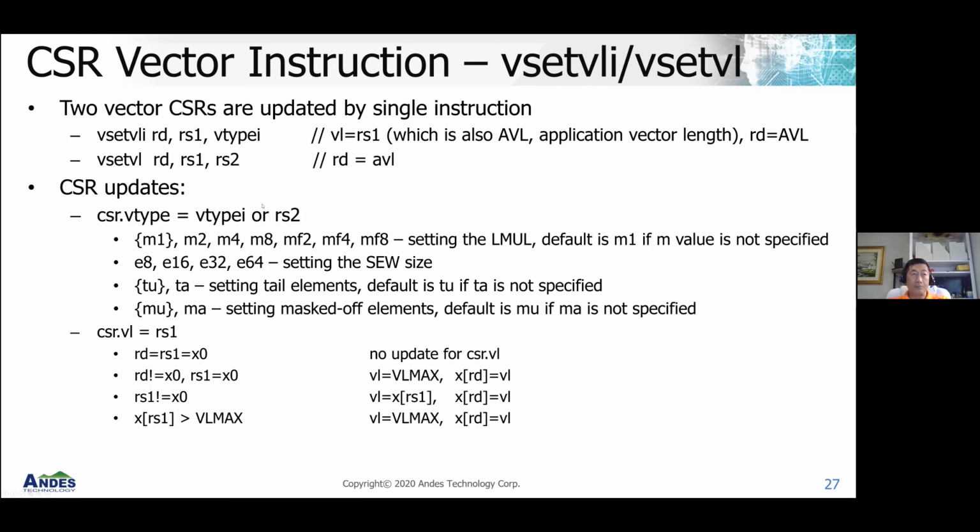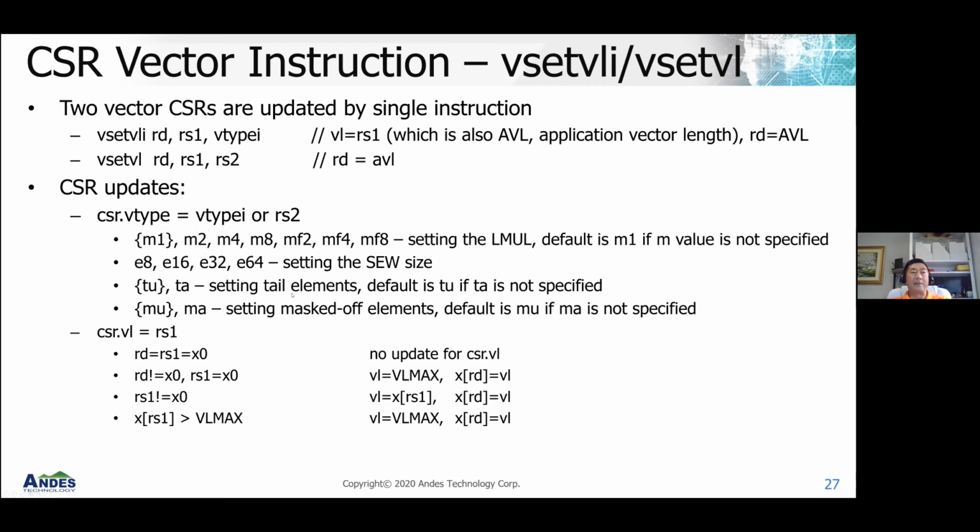For vsetvli, the assembly names for LMUL are from M2 to MF8 for fractional, and then the element size can be E8 to E64 for 8-bit to 64-bit SEW.